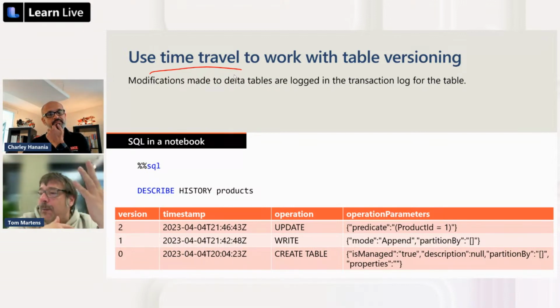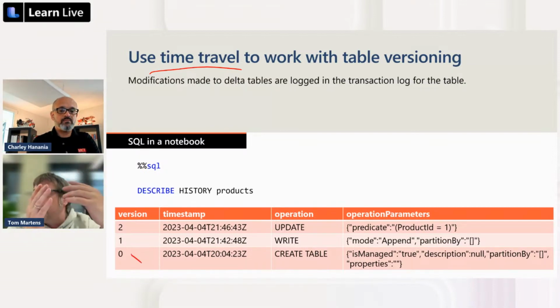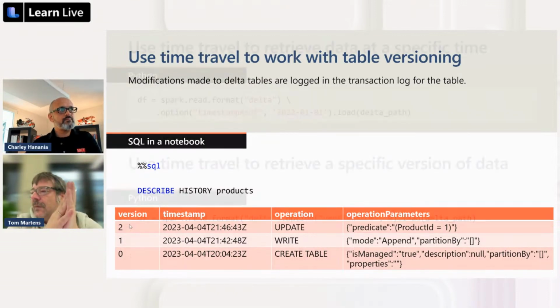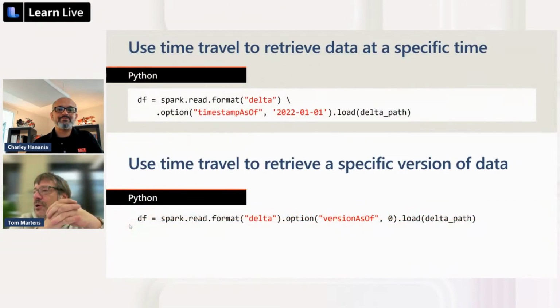You see that at some time the table was created. Then there was a write statement, append, and then something was updated. And this is more or less exactly what is stored in the log file. JSON transaction log, right? Yes, exactly. I will also showcase this.